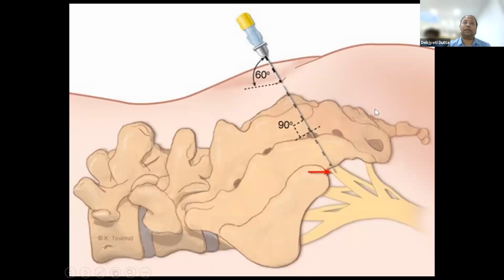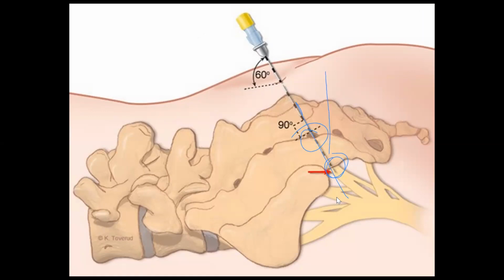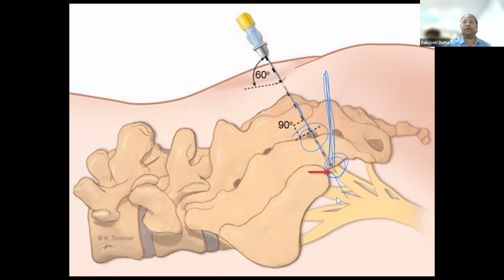I was telling that first we take the AP picture, then we do a craniocaudal tilt so that both the foramens come in the same line. This one foramen and here another foramen are coming in the same line. When we see an AP picture, we will see it like this. That is not intended; for injection, that is not the perfect position.